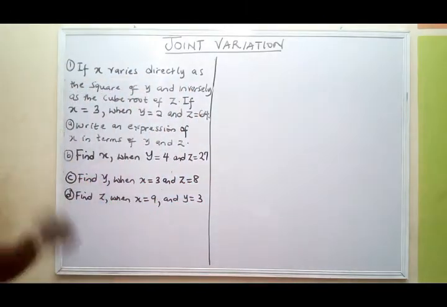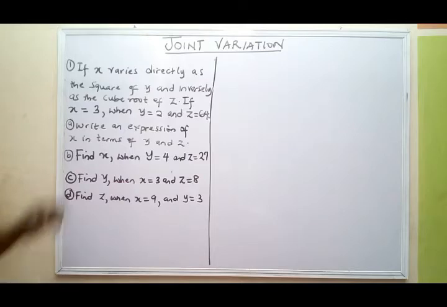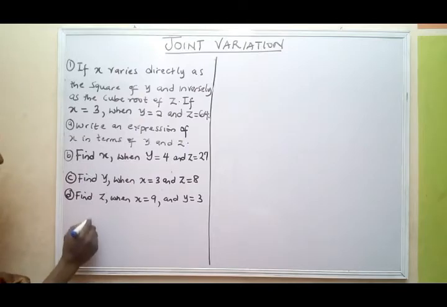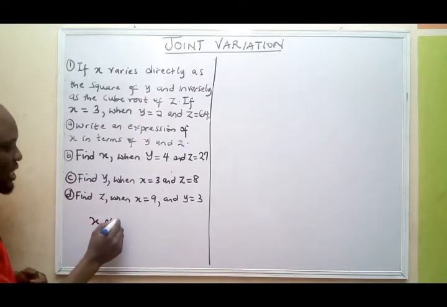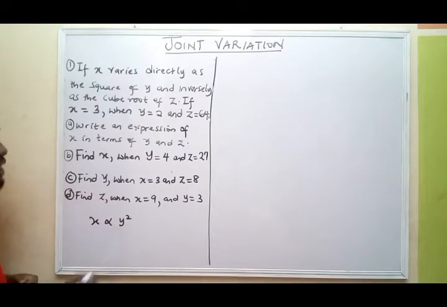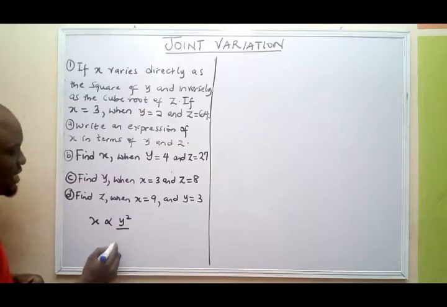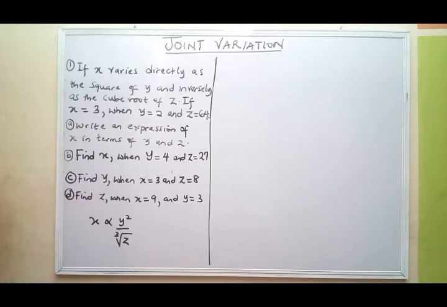Now we're going to solve this problem. The problem says that x varies directly as the square of y and inversely as the cube root of z.